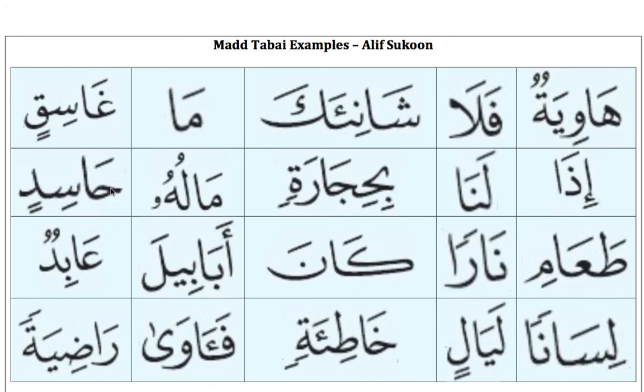Next we have حا فتحة ألف سكون حا. سين كسرة سي حاسي. دال كسرتان دن حاسد. Next we have ضا فتحة طا. عين فتحة ألف سكون عا ضاعا. ميم كسرة مي طعامي.